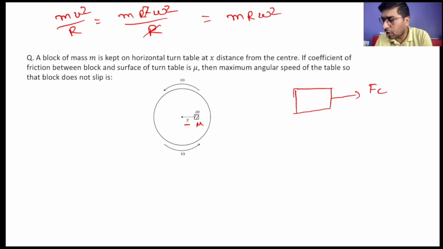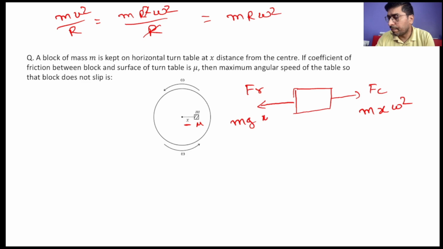Now for this block r will be x. So this centrifugal force in terms of angular speed will be m x omega square. And this centrifugal force will be balanced by the frictional force. This frictional force will be mg into mu.